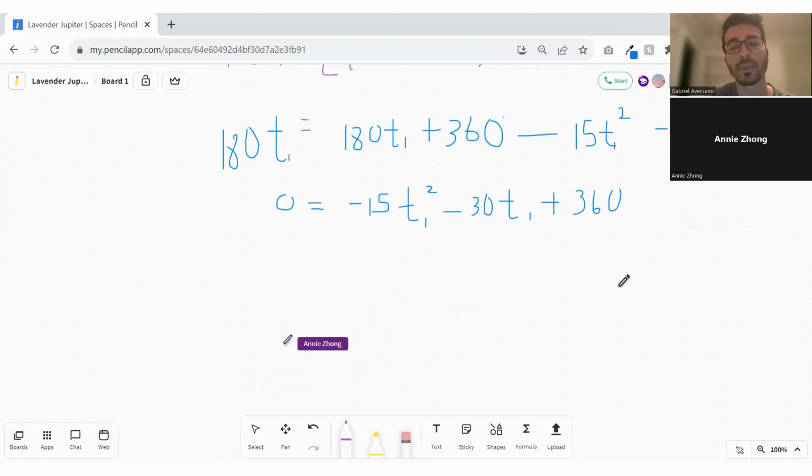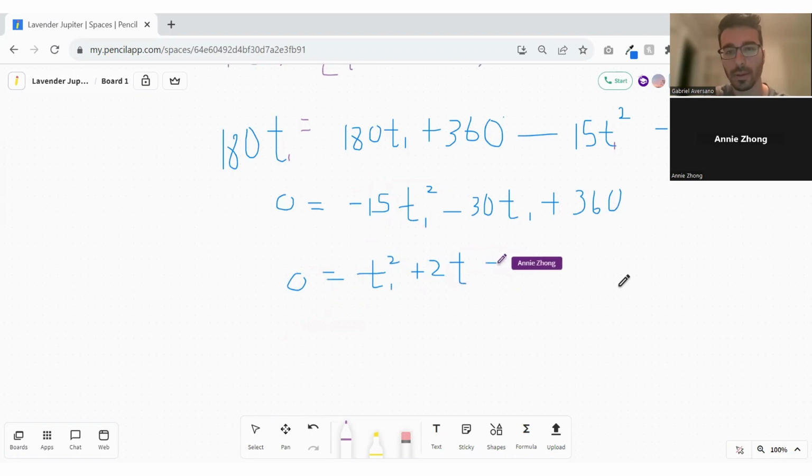So what can we factor out? Maybe the negative 15. Perfect. So negative 15, this would be t1 squared, and then this would be plus 2.